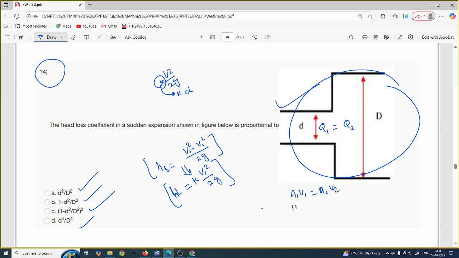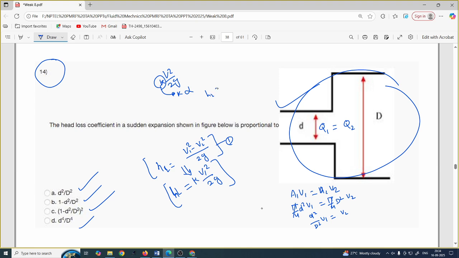So a1 is pi by 4 into d square v1, and pi by 4 into capital D square v2. So pi by 4 will cancel out. So v2 will be small d square divided by capital D square v1. We'll put the value of v2 in this equation.